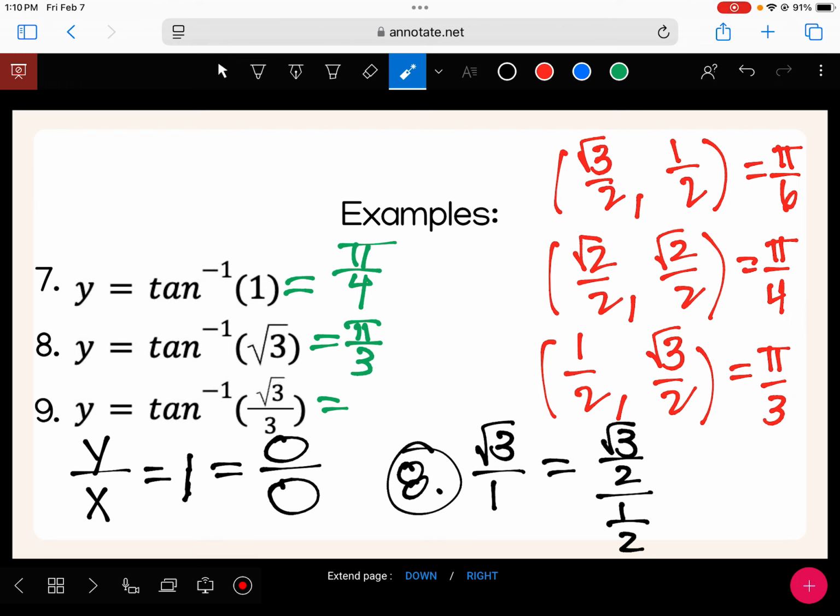So then I was like, okay, so all of my numbers are root 3 over 2 and then 1 over 2. And so I just kind of filled in those gaps, because whenever we do the keep, change, flip, those denominators disappear. So you did root 3 over 2 divided by 1/2, is that what you did? Mm-hmm. Yeah, okay.